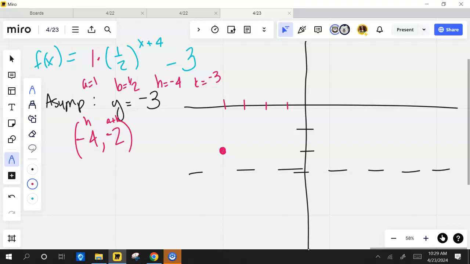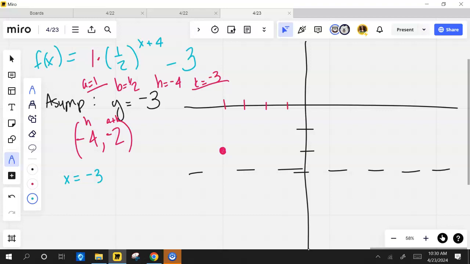H, a plus k. All right, I need another x. What x should I pick? -3, because -3 is 1 to the right of that one, yes?